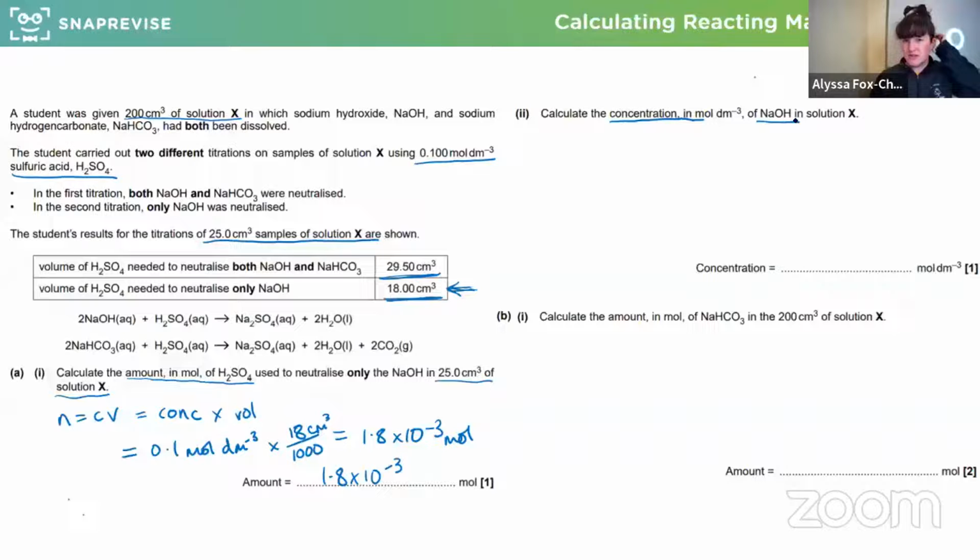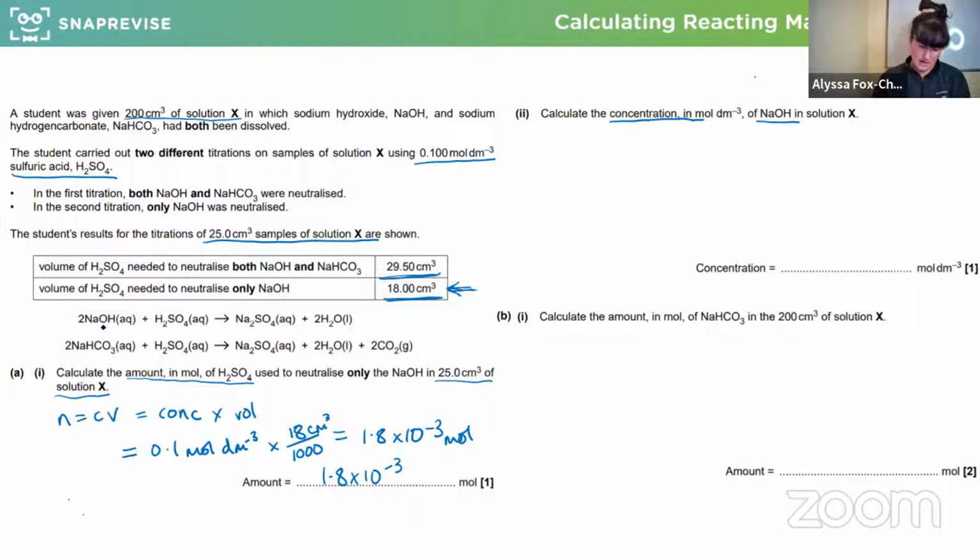One of the key aspects of titrations is that it shows a molar equivalent at the end point of a titration, the correct ratio of moles. So I know how many moles of H2SO4 were used in that titration to get to the end point. So how many moles of sodium hydroxide does that mean was in my solution?